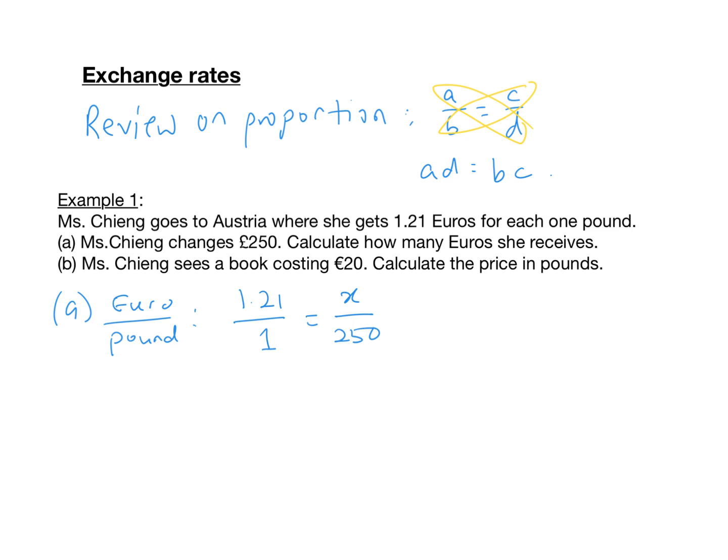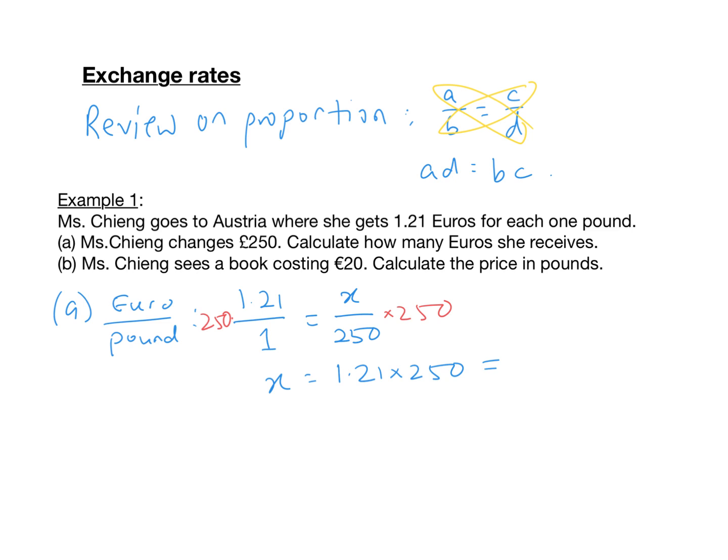There are different ways we can solve this proportion. In this case, we don't need the cross multiplication method because this is a one-step equation. To get rid of the 250 on the right-hand side, I can just multiply both sides by 250. And I will end up with x equals 1.21 times 250.